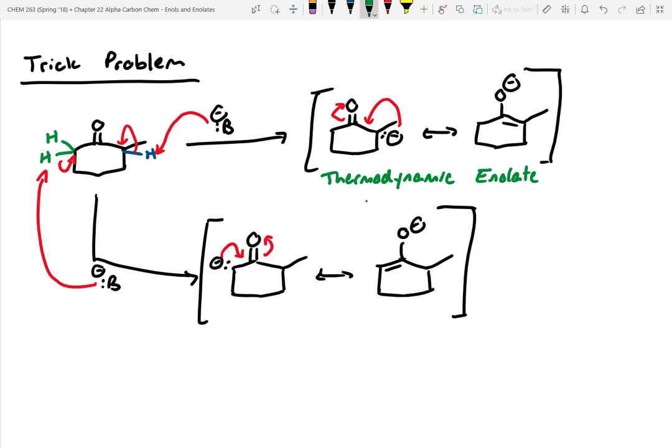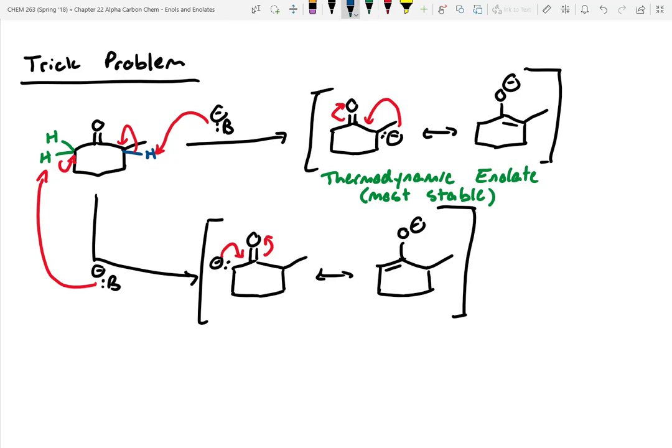If you remember, thermodynamic means most stable. The bottom one, though, if you think about a base and you have to steal an alpha proton, those green ones are just simply going to be easier to pluck off because it doesn't have a methyl group blocking the approach of the base, right? So the bottom one isn't more stable, but it's kinetically more accessible.